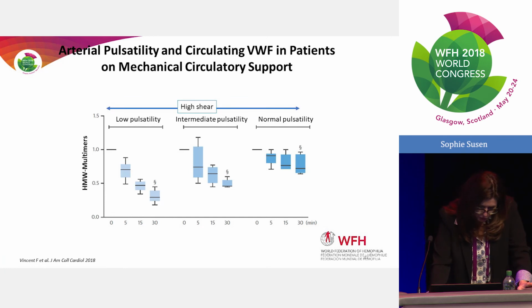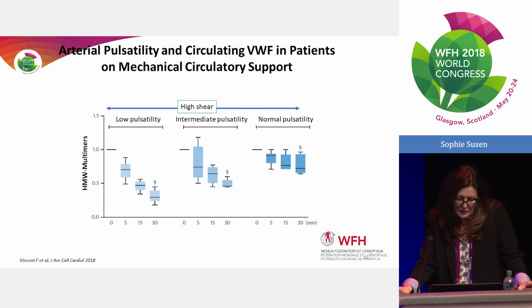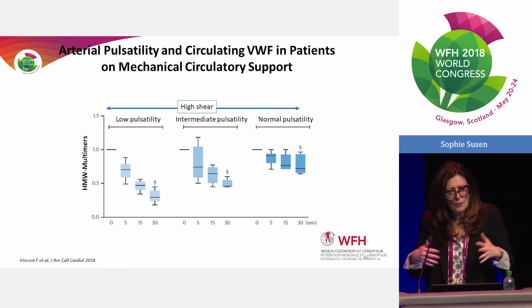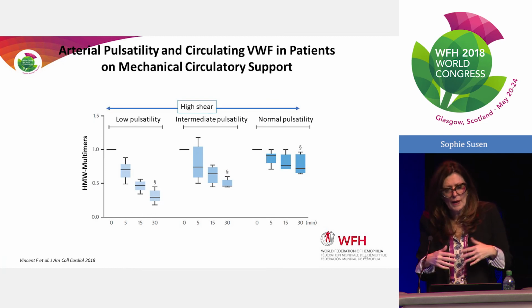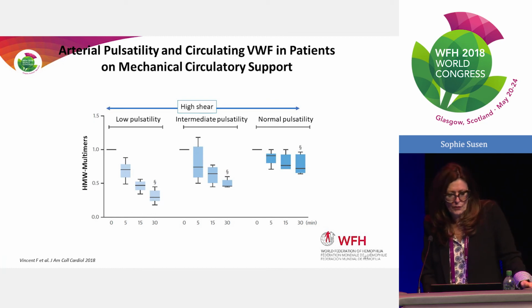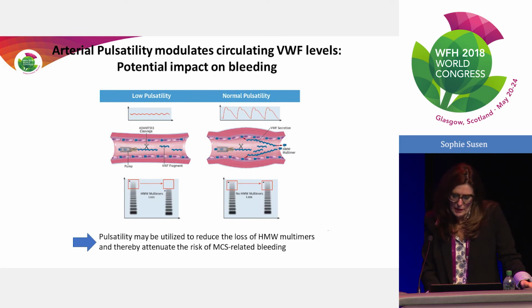And what we were able to show with different models, a crossover model and a dose effect model, is that when you have pulsatility, when the vasculature answers to the opening of the aortic valve, you've got less decrease of high molecular weight multimers, even in high shear conditions. That means that pulsatility needs to be investigated to understand why some patients are bleeding or not. And pulsatility may be utilized to reduce the loss of high molecular weight multimers and thereby attenuate the bleeding risk of patients with aortic stenosis, with cardiac assist devices, and why not in von Willebrand disease.